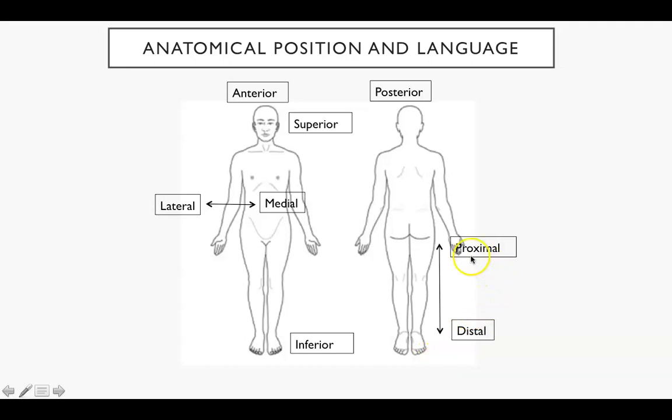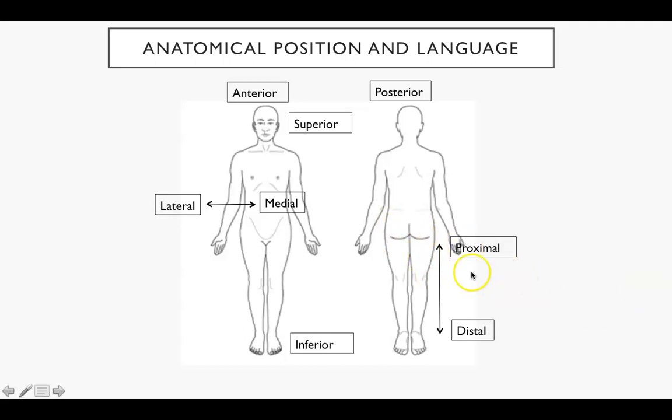And then we also have proximal and distal. This is very similar to superior and inferior, to be honest. The thigh bone, the femur: the top part of the femur is proximal to the hip. The bottom part of the femur is distal to the hip because it's further away. Remember, proximal is near the root or origin, and distal is away from the root or origin.